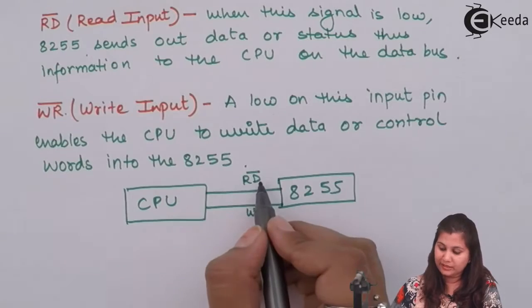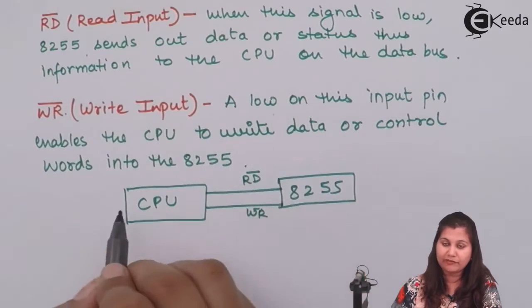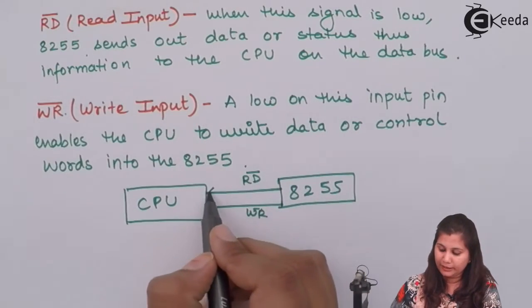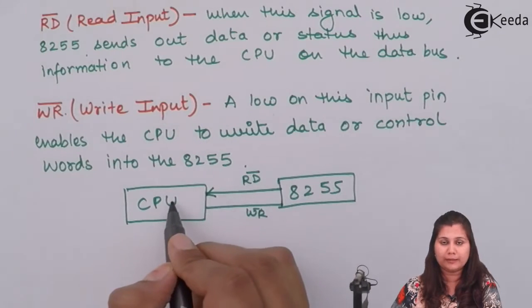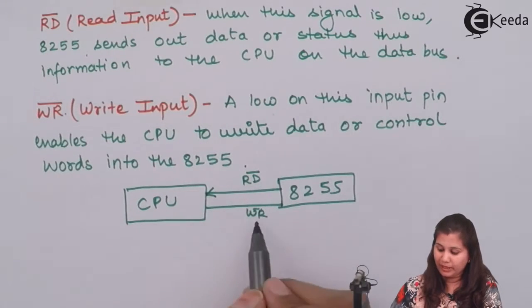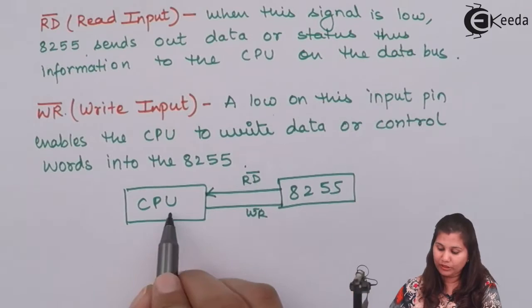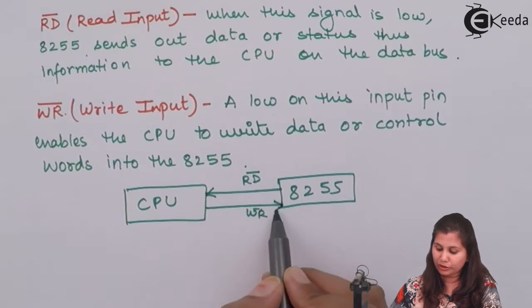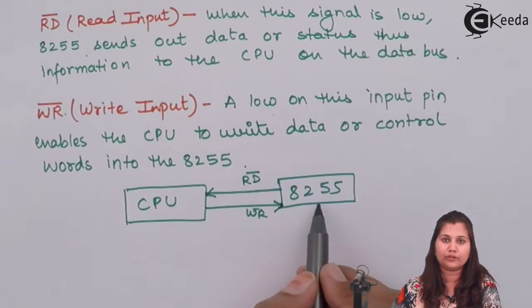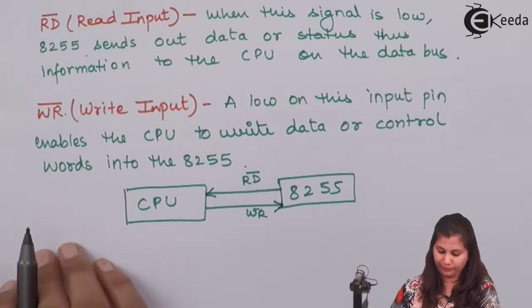When read is there, then the 8255 will send the data on the data bus of the CPU, and when write is there, then the CPU is going to write the data or the control word into the 8255.